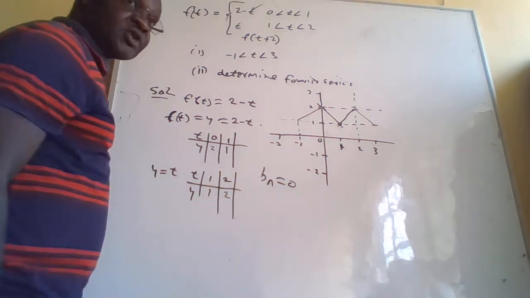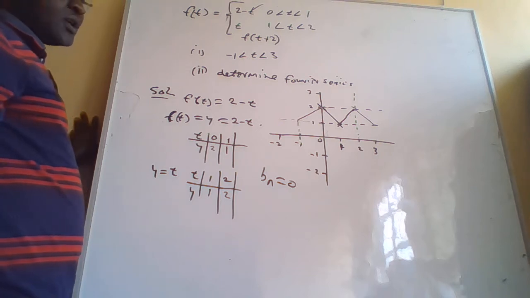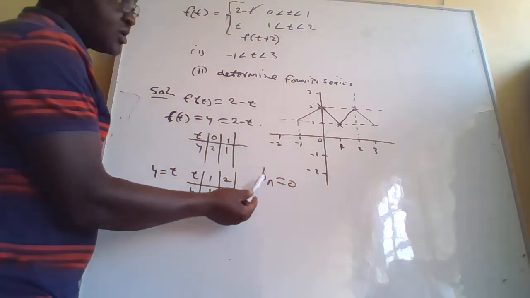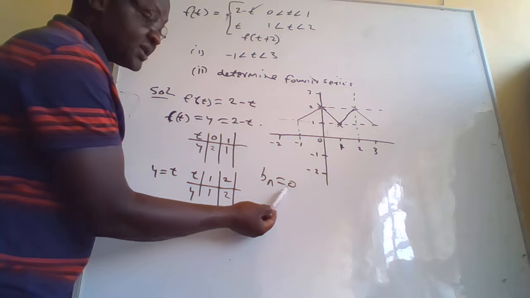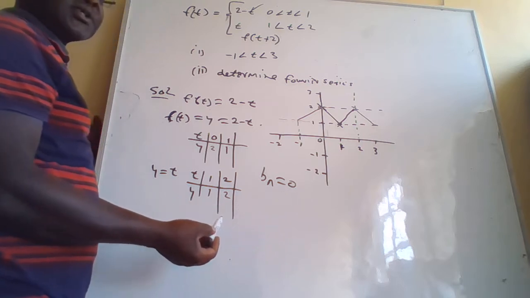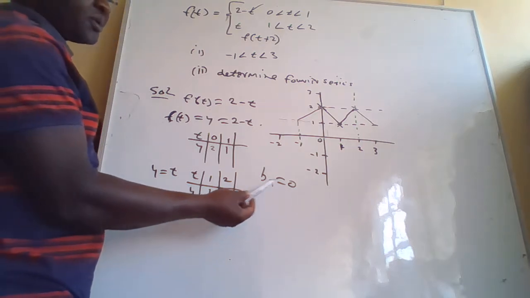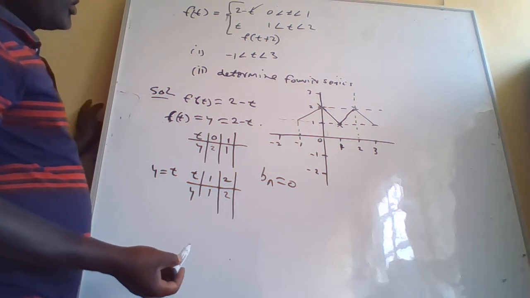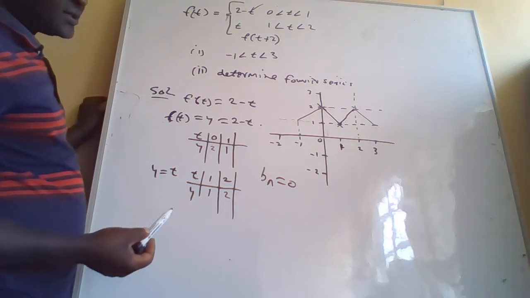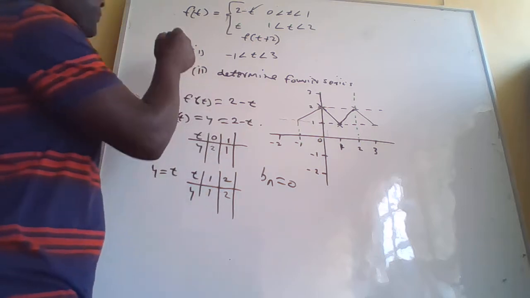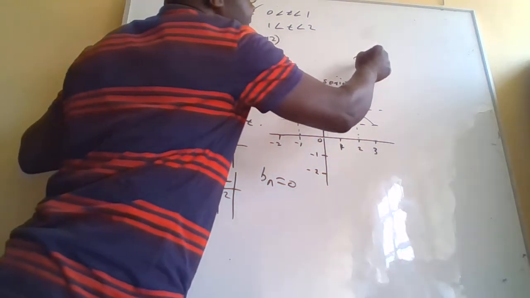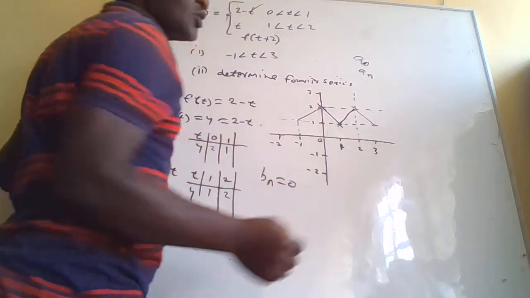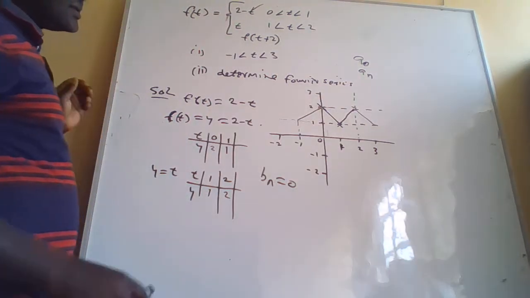Therefore, once we know that bn is 0, there's no need of calculating the value of bn because we know that it equals 0. So we can now go on and calculate the value of a0 and an.